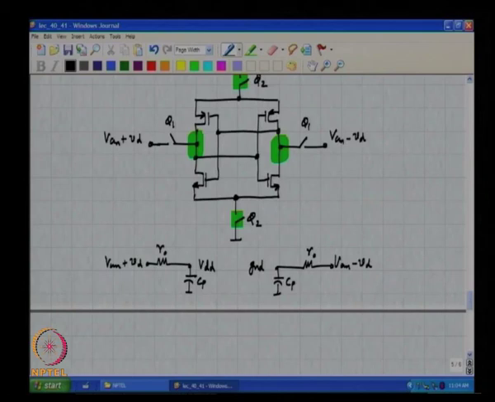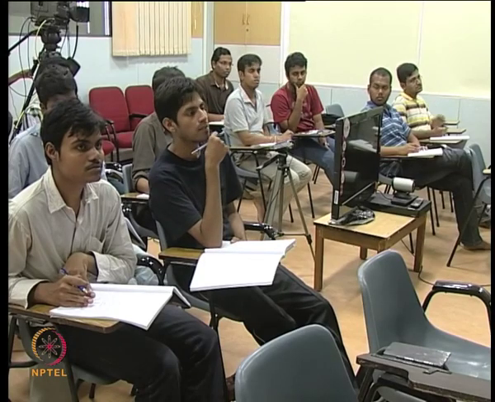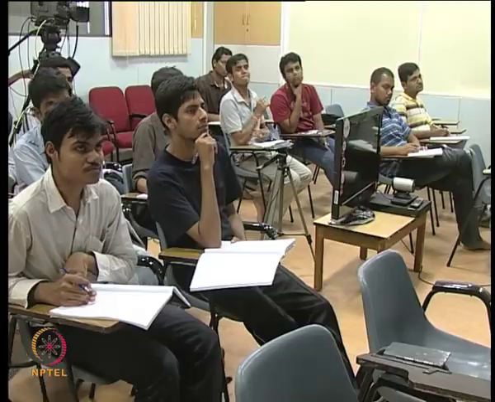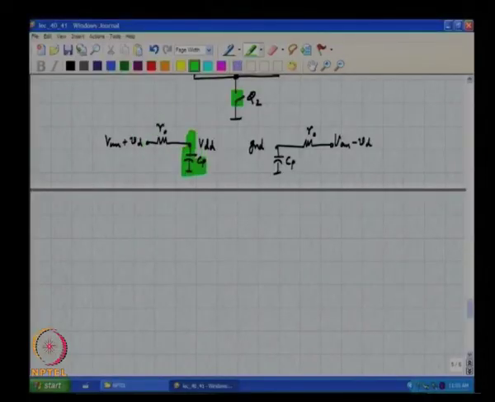What do you think will happen to this voltage, for instance? VCM plus VD is attempting to get onto Cp with a time constant R0 Cp.